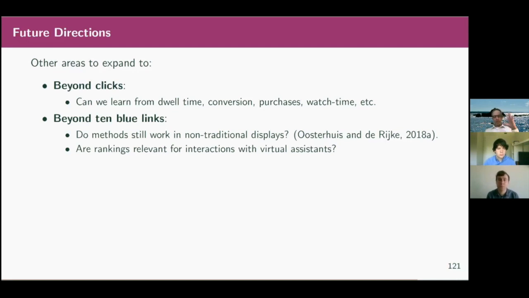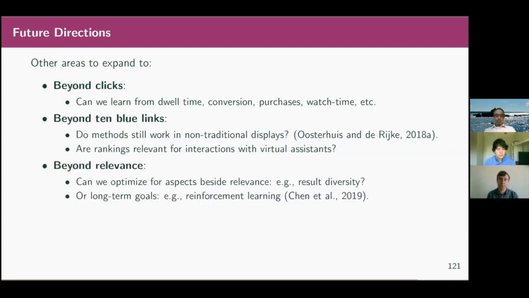Right, maybe the most important position is not the top of the list, but somewhere further down the list. Or maybe we don't have a list, we have a grid. And then beyond relevance, how do we optimize for other aspects than just relevance? Diversity, fairness, freshness, how do we optimize for longer term goals, as is the case with reinforcement learning.